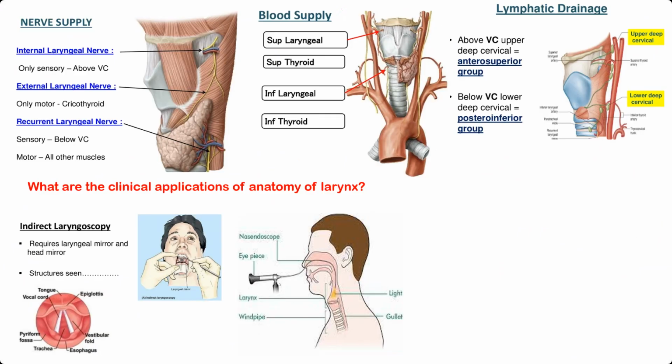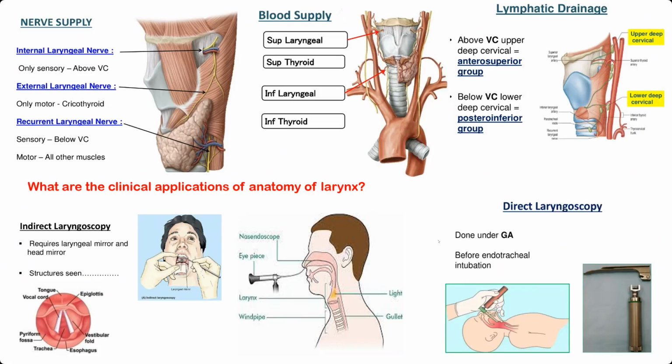You can put a shorter scope, unlike your fiber optic scope, and witness the movement of the vocal cords. This is the more preferred technique for assessing vocal cord function before thyroid surgery.